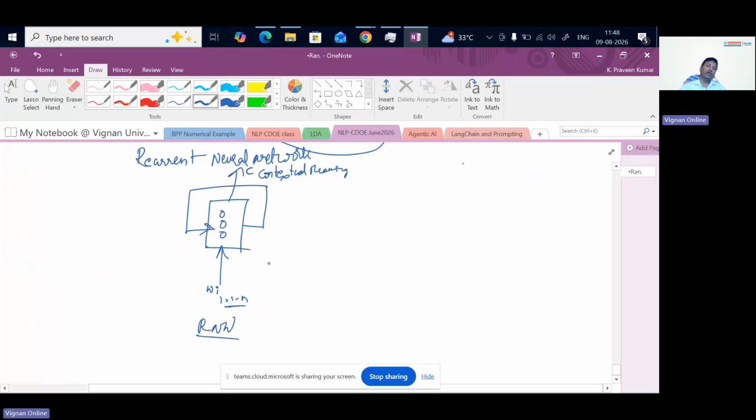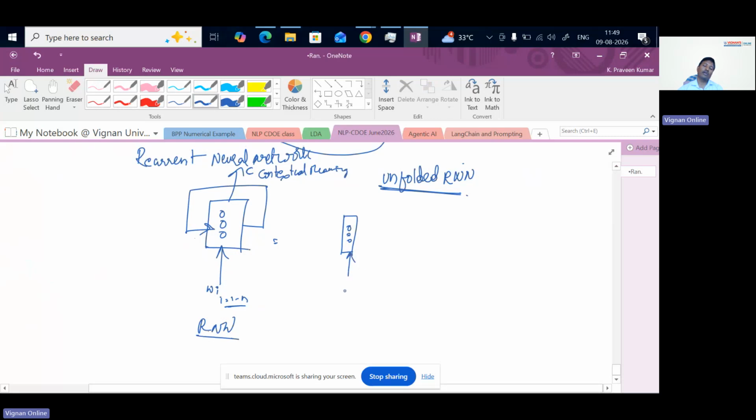But here this is a bit complex thing. To understand how these are going on, I'll give you this. What we call unwrapping RNN, or unfolded RNN, recurrent neural network. Now when I unfold it, what you are going to see is this.